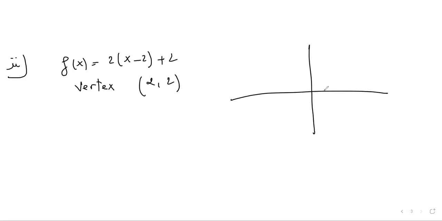So the point (2, 2), this is 1, this is 2, 1, 2. So the vertex should be somewhere here. And it will be a U shape since the coefficient in front of the x squared is positive. So the range, the minimum value will be equal to 2, and all the values above that are accepted.